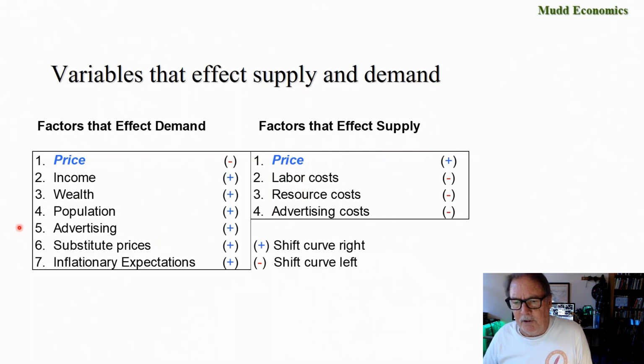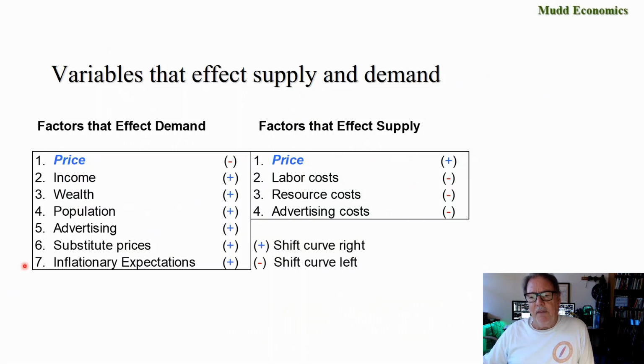Here's an example where advertising actually influences demand by increasing demand. If you've had microeconomics, you know that substitute prices can influence demand, which is to say the price of an internal combustion engine car is going to affect to some extent the demand for an electric vehicle and vice versa.